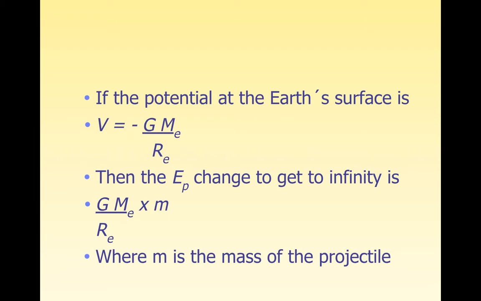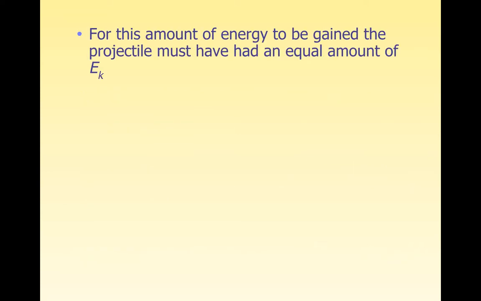Okay, so that gives us some idea about the potential change required to be able to escape. So it's a good starting point. So we know how much potential energy is required. From this, we know that the kinetic energy has to be at least equal to this. So therefore, half mv squared equals that potential energy.